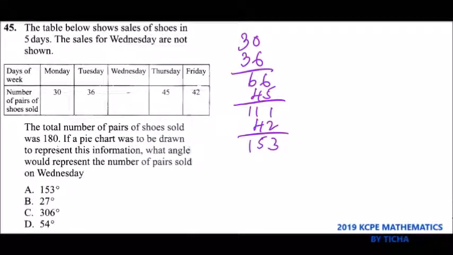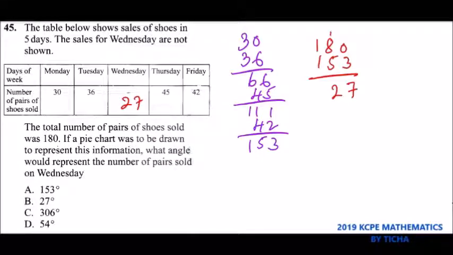From there, the total number of pairs of shoes sold was 180, so we subtract 153, and we get 27. So 27 pairs were sold on Wednesday, which we can even put here.